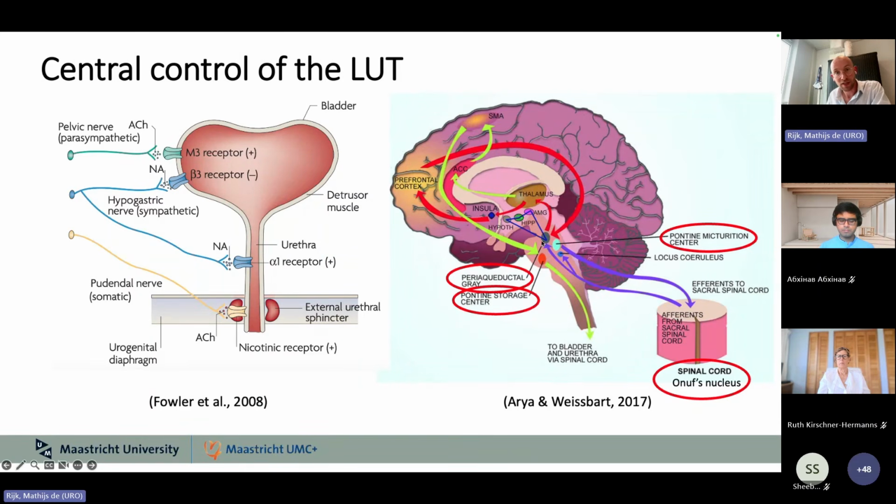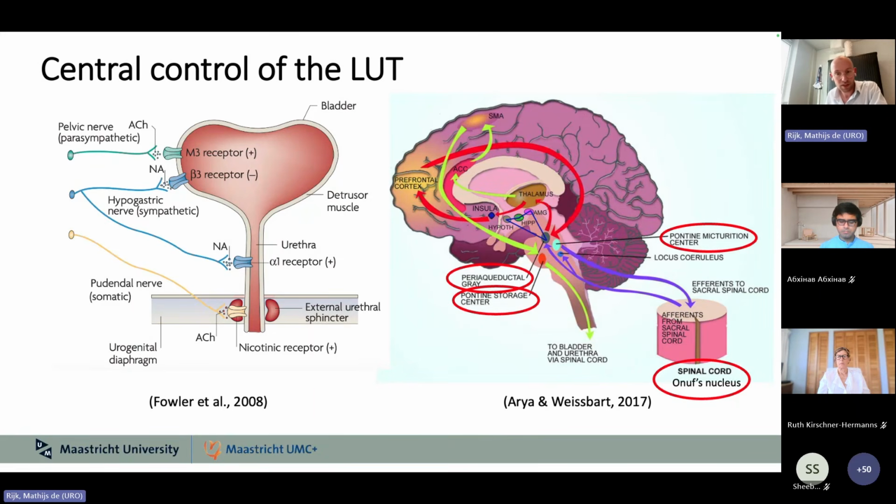From where that signal is then sent to the pontine micturition center and ultimately back via the spinal cord towards the bladder. And we know quite a bit about how the initiation of urination works, but we know much less about how the delay of urination works, so how exactly these brainstem areas work together to prevent the switch from storage to voiding. That we know much less about.